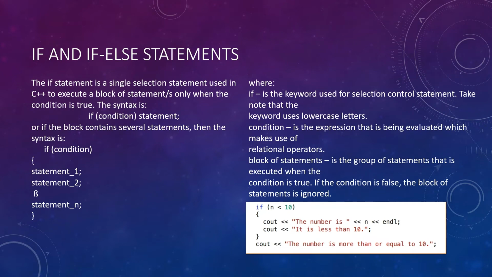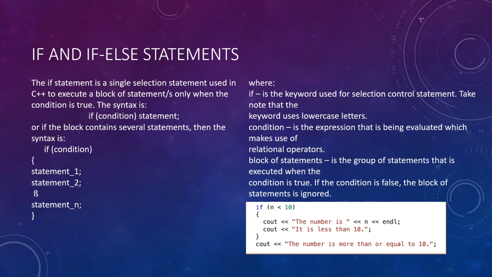Where if is the keyword used for the selection control statement. Take note that the keyword uses lowercase letters. Condition is the expression that is being evaluated which makes use of relational operators. Block of statements is the group of statements that is executed when the condition is true.